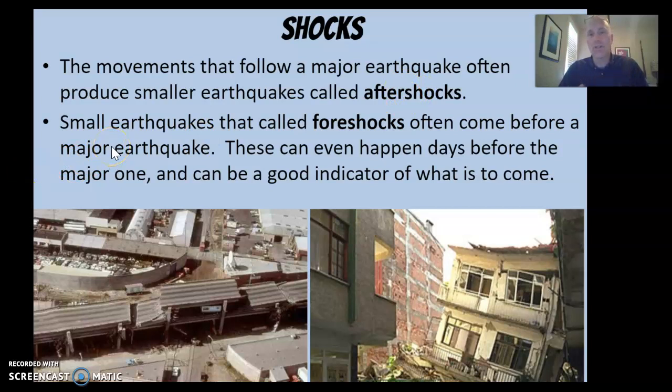The small earthquakes that happen before are called foreshocks, and these can happen even days before a major one. If you live in regions of the world where they have a lot of earthquakes, when you feel a small earthquake, a lot of times you have to be very concerned because that might be the sign that a larger one is going to be coming.